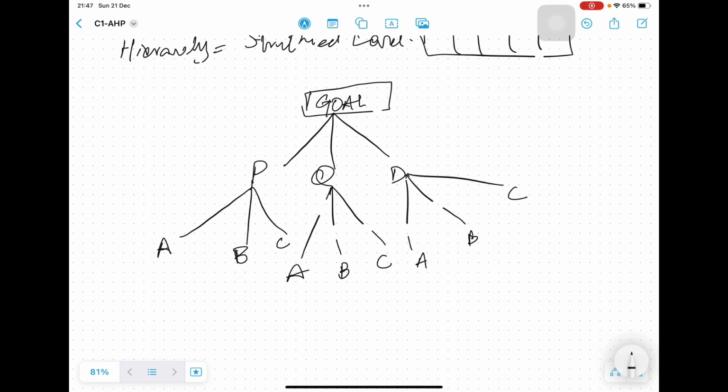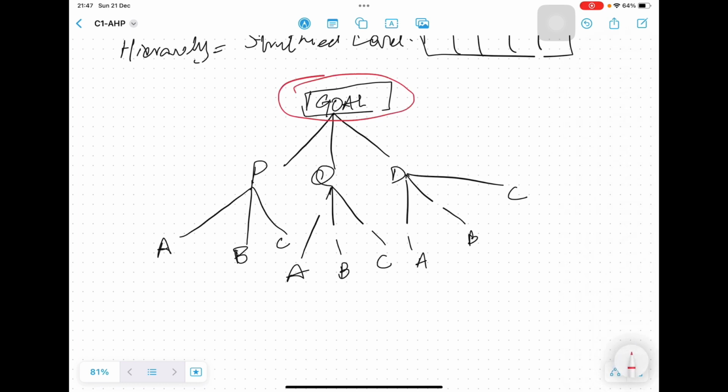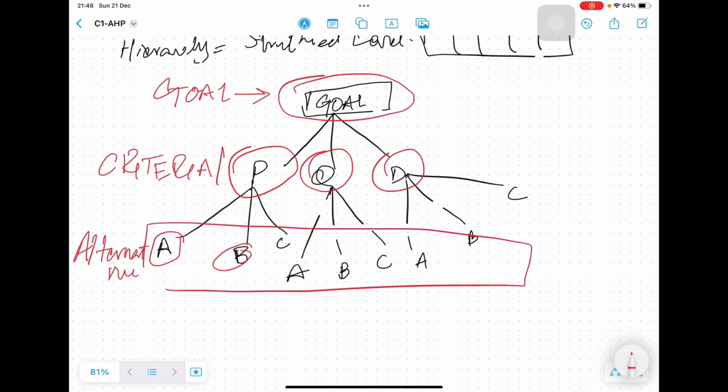First we define the goal, then we list the criteria, then we list the alternatives.